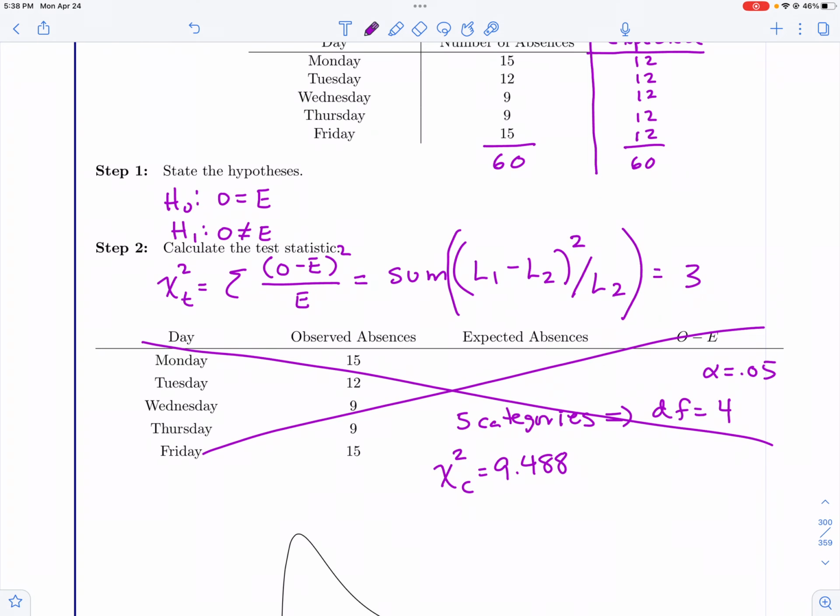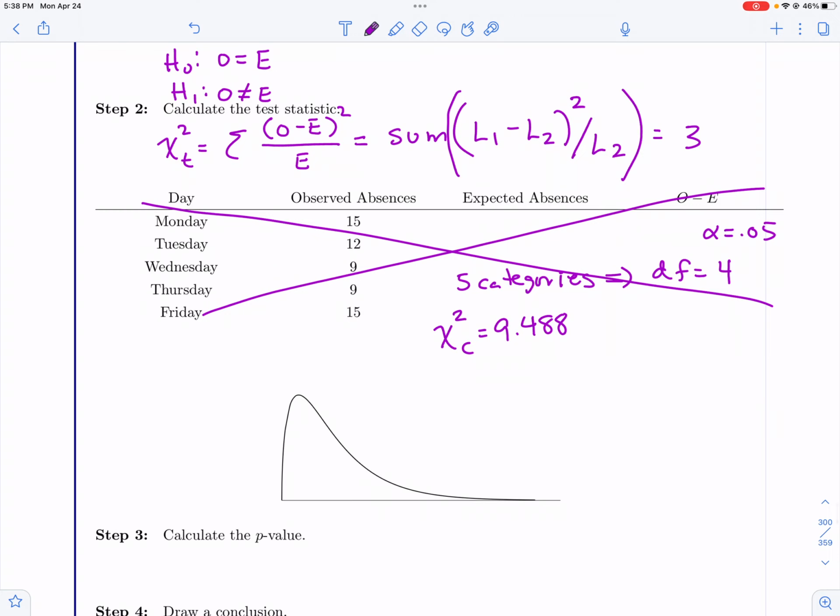And again, that's from the chart. And again, our alpha of 0.05 is going to be way over here on the left. It's probably actually going to be further over technically, but just to give it somewhere. So our 9.488 is going to be our chi-squared sub c. And if we look at our 3, our chi-squared sub t is going to be way over here.